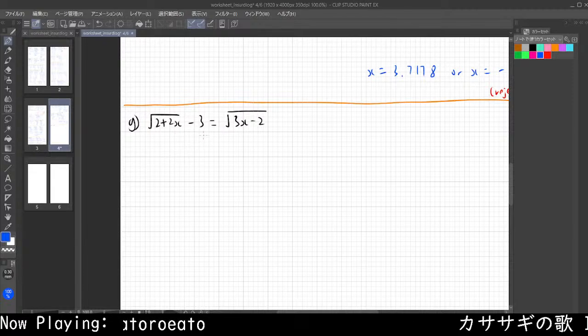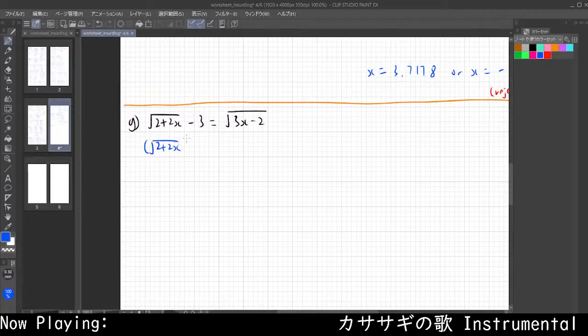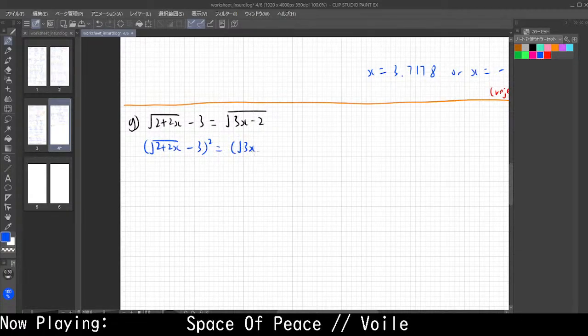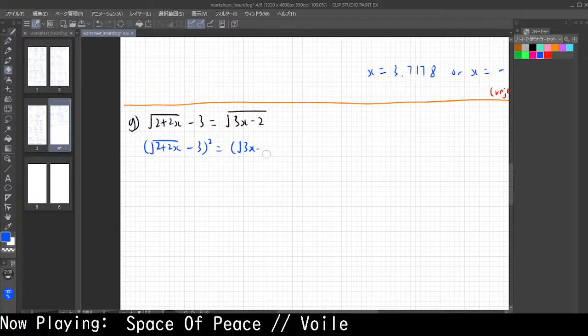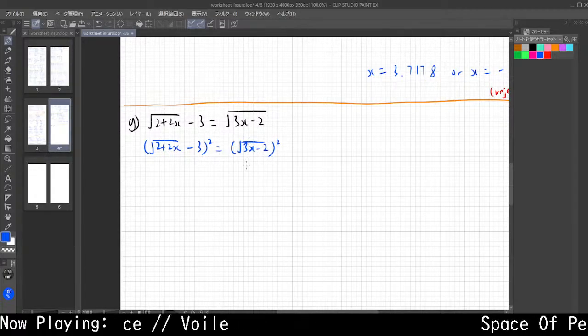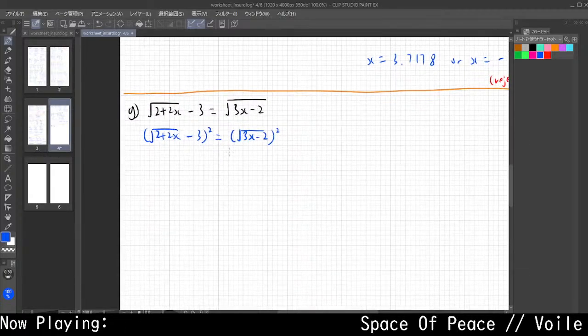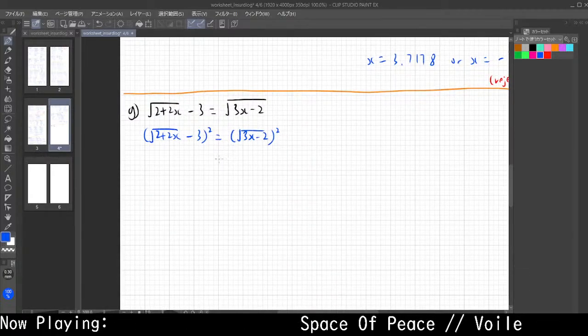Same thing, square both sides. There isn't really a better configuration per se to square both sides with. No matter how you rearrange it, you still need to square both sides.